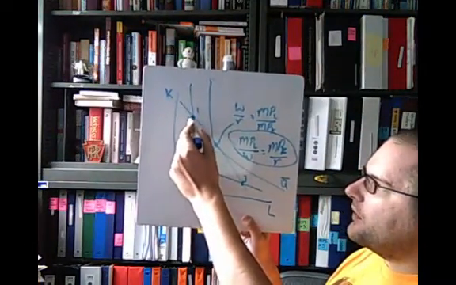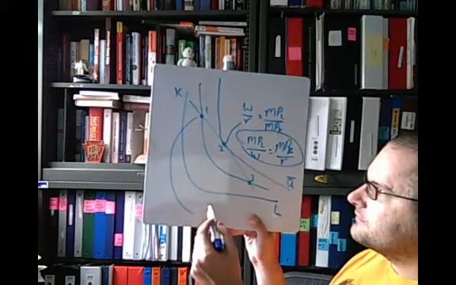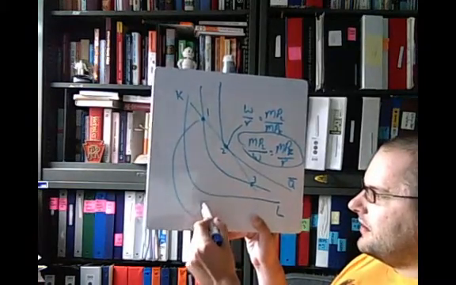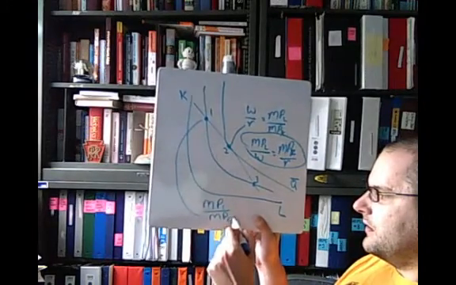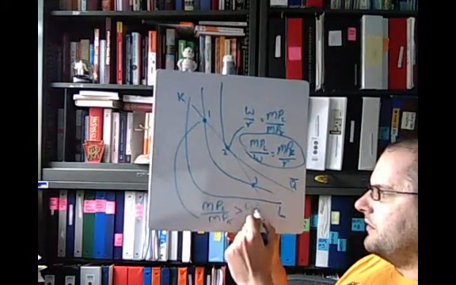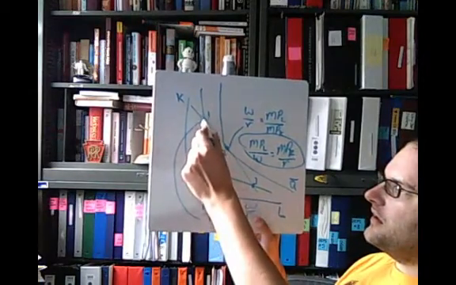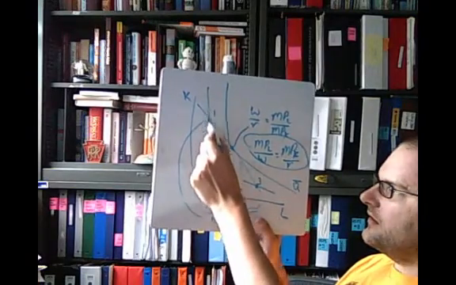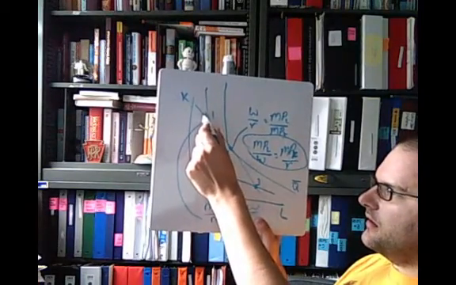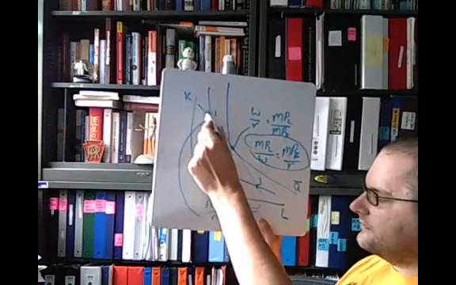That if they were instead at this point 1, what's happening is that the MPL over MPK is greater than the W over R. And I know that to be the case because the slope of this isoquant, if I were to draw a line of tangency, is steeper than this isocost curve.